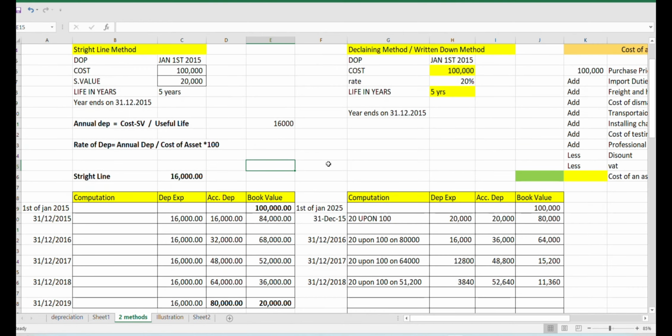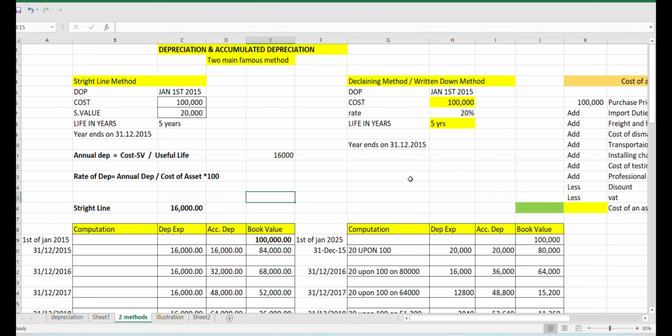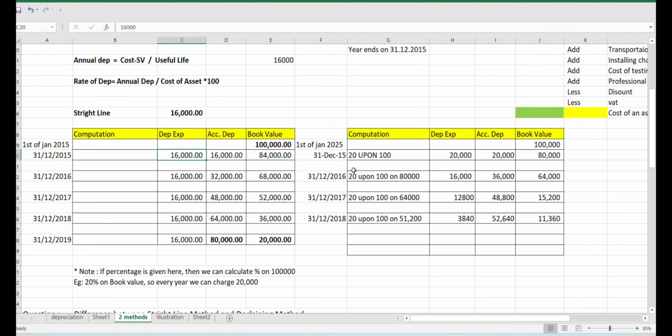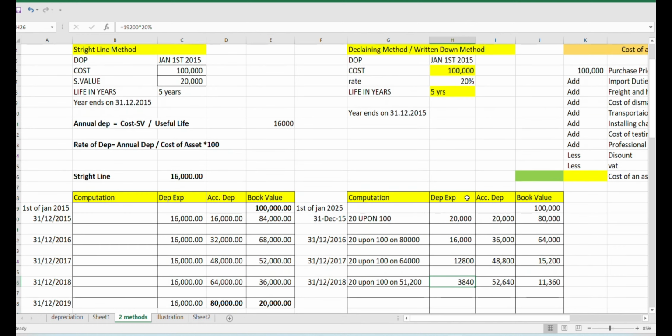Let's understand how to calculate the depreciation in the declining method. If you make a table like this, it is very easy to understand. Just have a look at the depreciation. Here it is 20,000, here it is reduced, here it is reduced, here it is again reduced. How is it calculated? In the declining method, the depreciation is calculated on the book value.